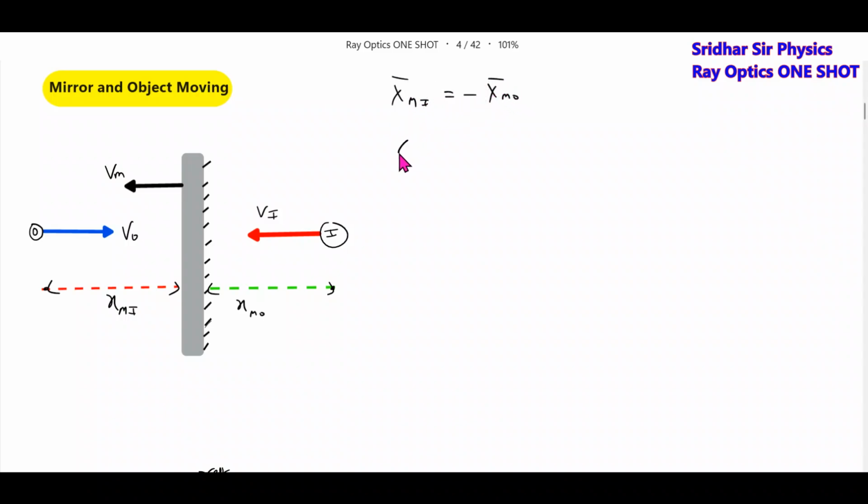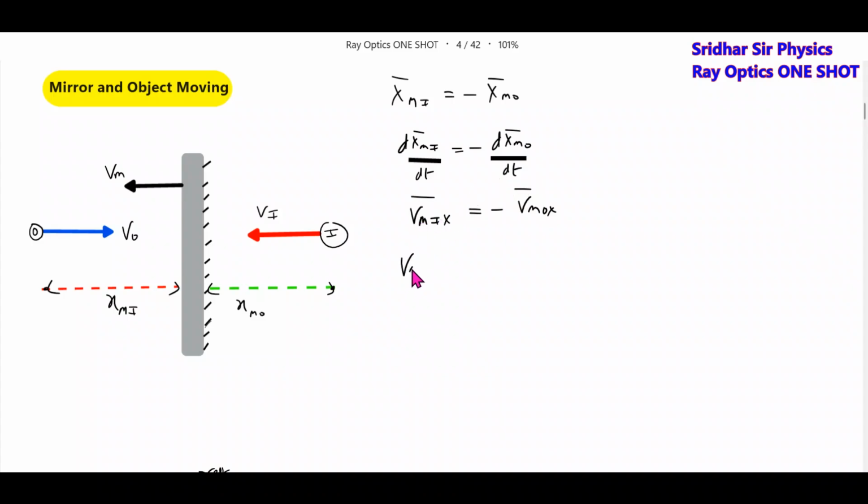I'll differentiate this. dx_mi by dt equals minus dx_mo by dt. So this will become v_mi x equals minus v_mo x.